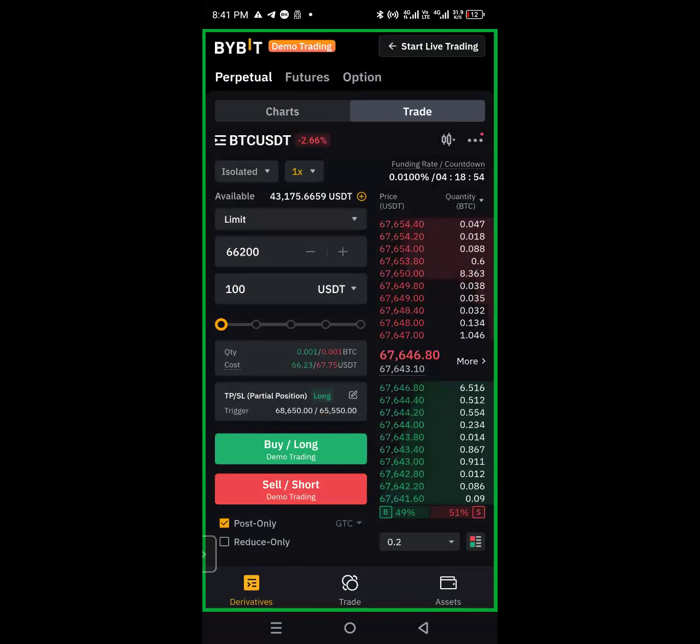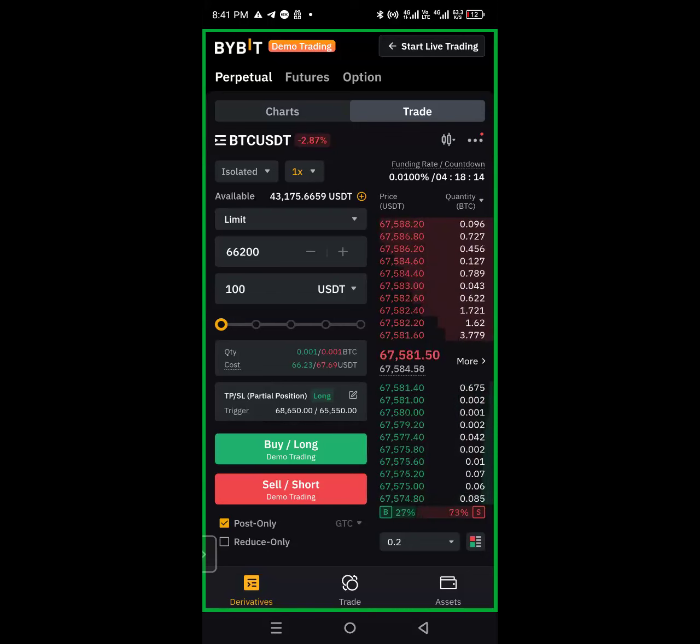It means that if your trading balance is $100, for example, or your trading balance is $70, for example, and you are planning on using 66.23 on this trade, the moment you click on buy, the moment you are done with placing this trade, this $66.23 will be removed from your $70 available balance.